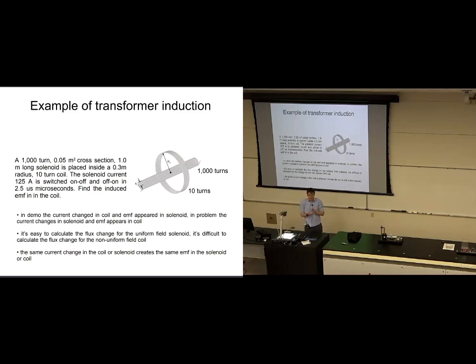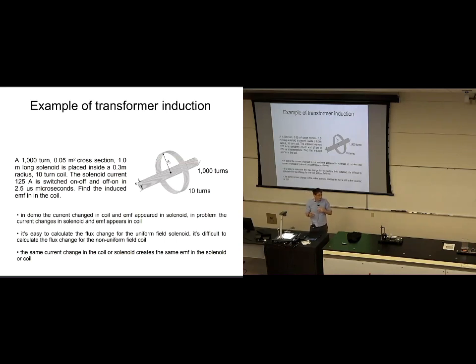So we're going to calculate the induction of the solenoid on the coil rather than the coil on the solenoid. But the important point is that when you have two circuits that talk to one another, they talk equally well to each other.